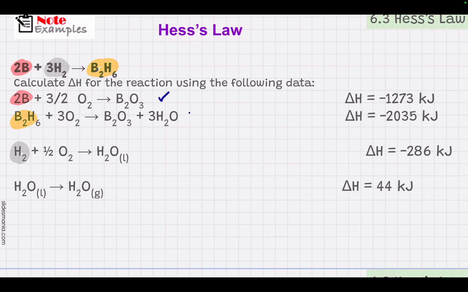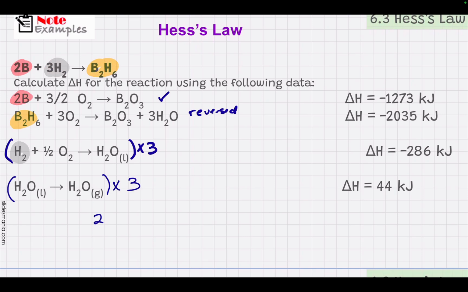Second one needs to be reversed. Third one needs to be multiplied by 3. And then the fourth one needs to be multiplied by 3. And we will see how that works.